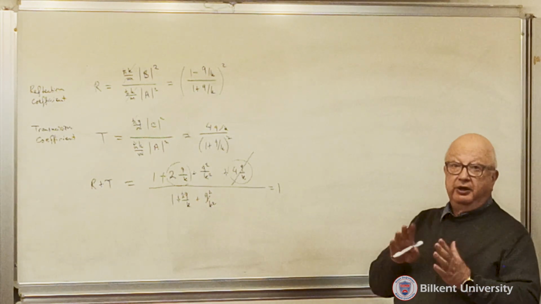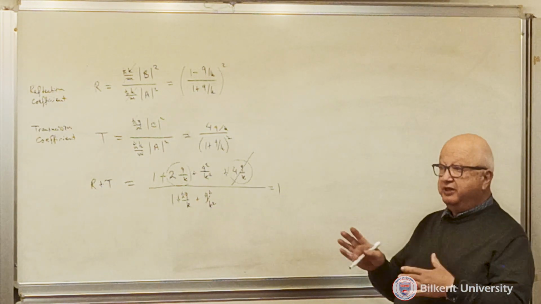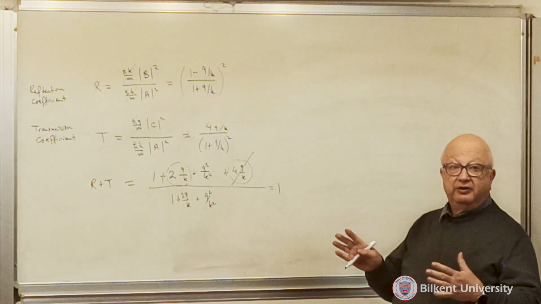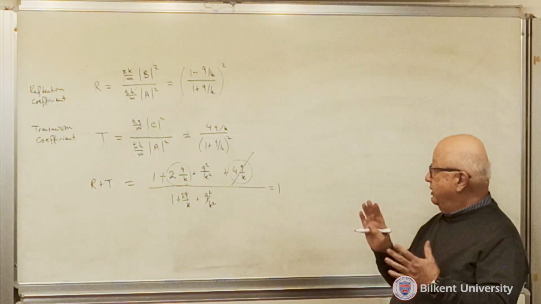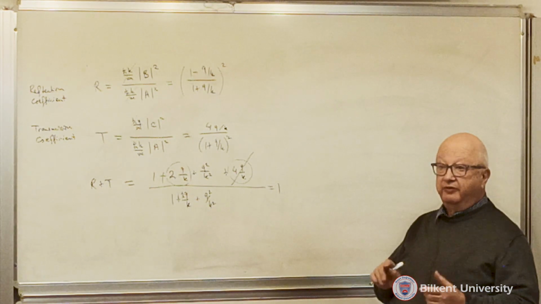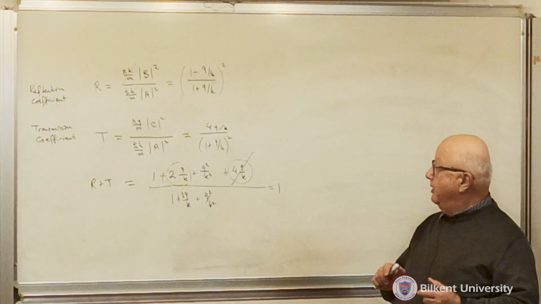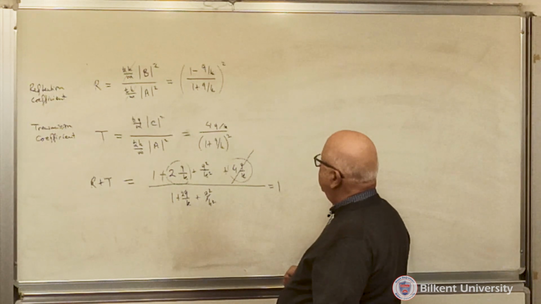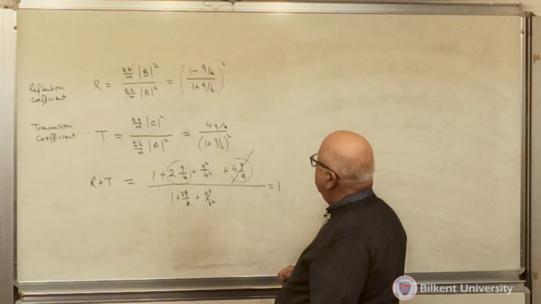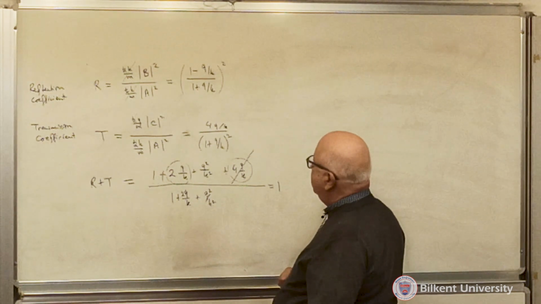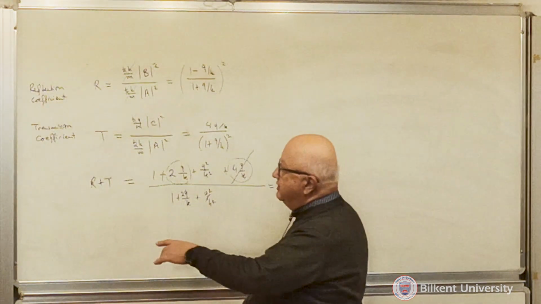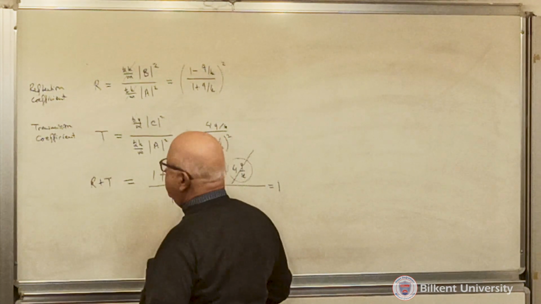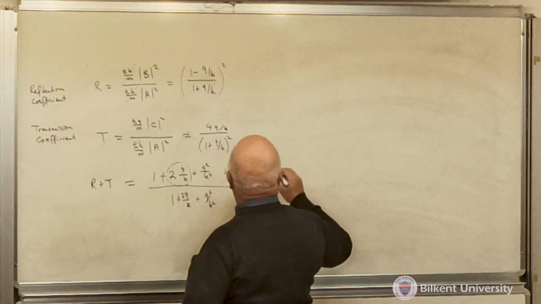So indeed, the sum of the transmitted and reflected probability currents is always 1. This is just conservation of probability. What does this transmission look like? Well, let's just try to put in these variables, q's and k's, into the equation.